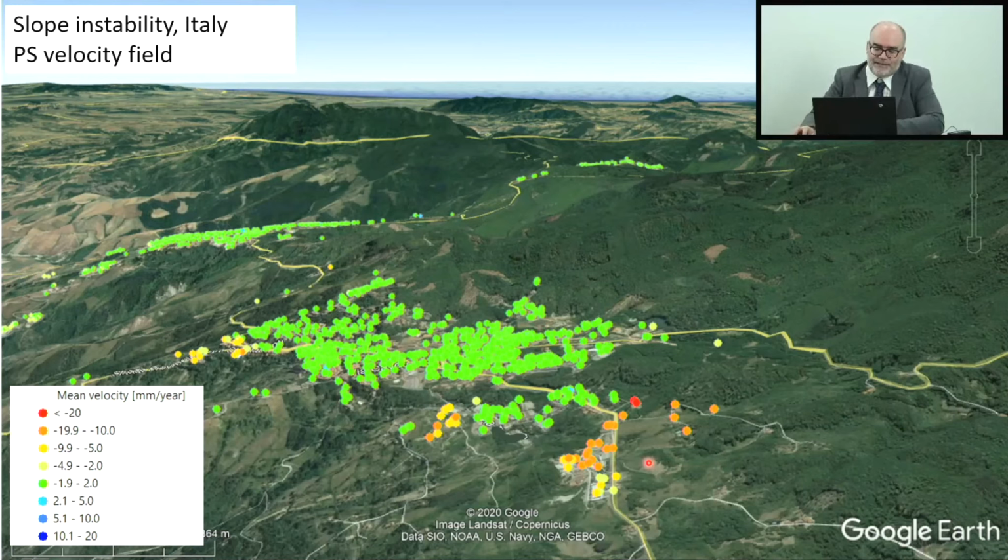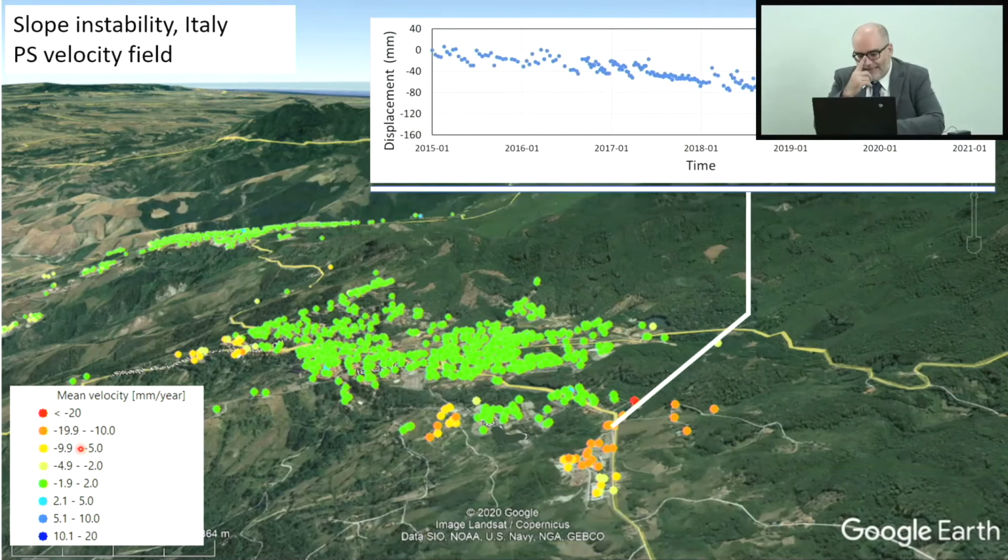In particular, these are points that are going downward, and these are points of slope instability. These points are color-coded, so we can see more or less the rate of this instability. It's around some tens of millimeters per year, which is quite a high velocity. But with InSAR, we do not have only a displacement field; for every permanent scatterer, we have how the displacement develops in time. So this is the time series of this PS.